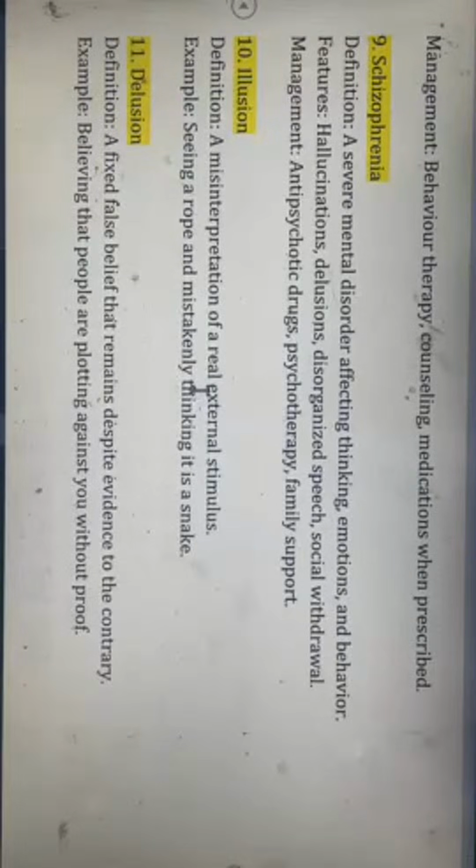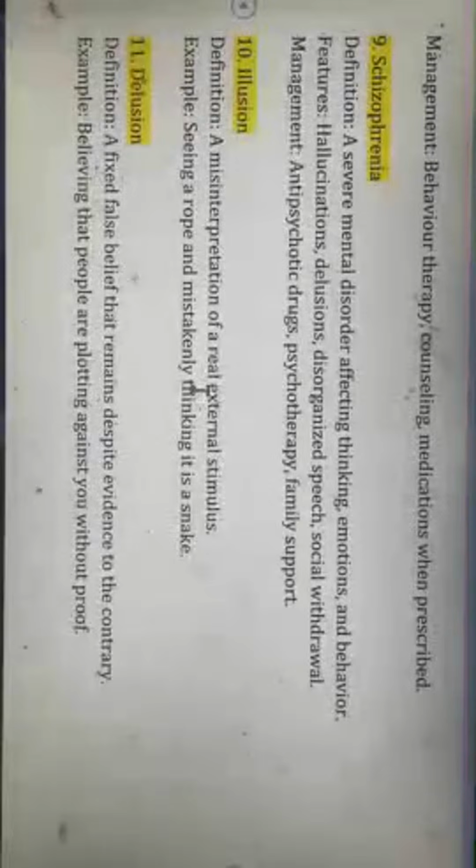That's an illusion. There is a real external stimulus. You see a rope on the ground and others can see the rope, and truly there is a rope on the ground, but what you're seeing is a snake. That's illusion: a misinterpretation of a real external stimulus.